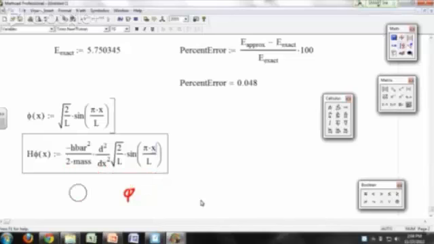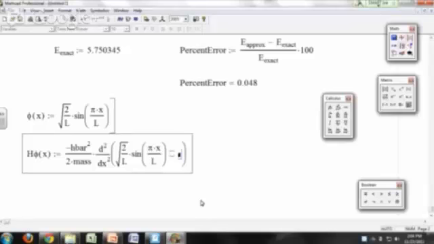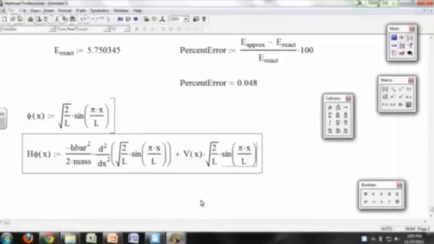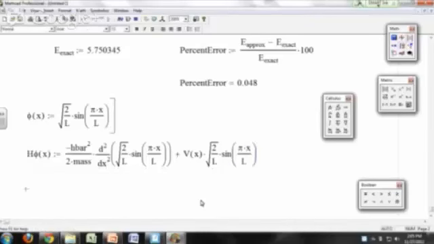So you are going to add V of x, oops, sorry, plus V of x times square root of 2 over L times sine pi x over L. Okay, so this is t hat phi plus v phi.